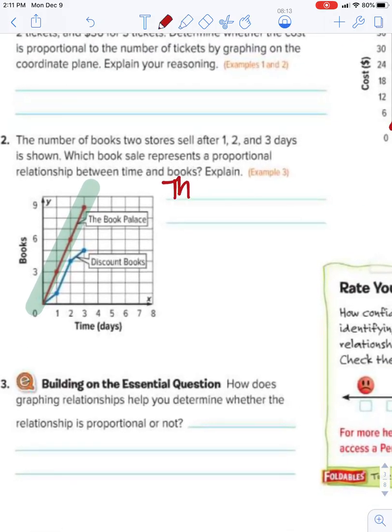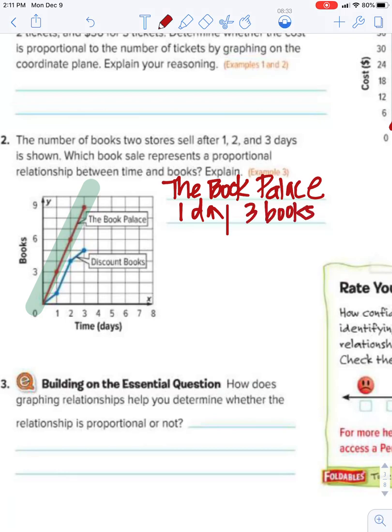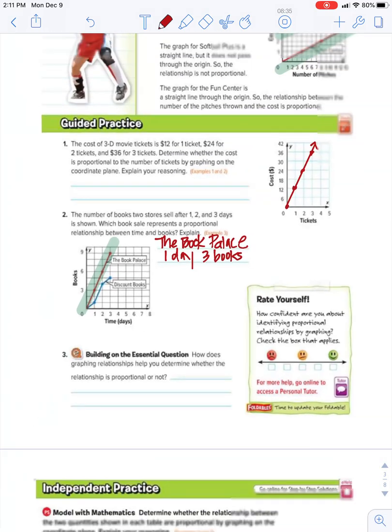You would write on this line, the book palace. And if it asks you to tell the proportional relationship, you would say for every 1 day, you get 3 books. You can see that by reading the coordinate pair 1, 3.